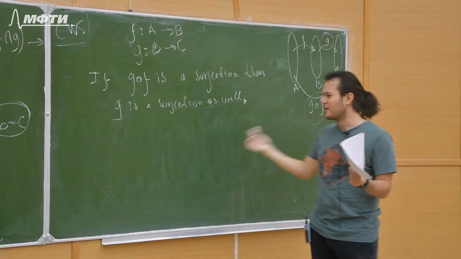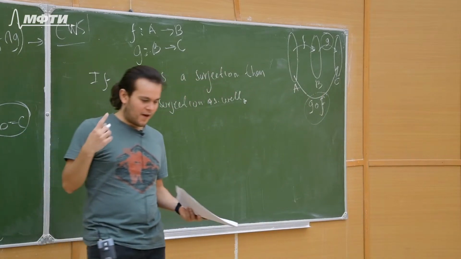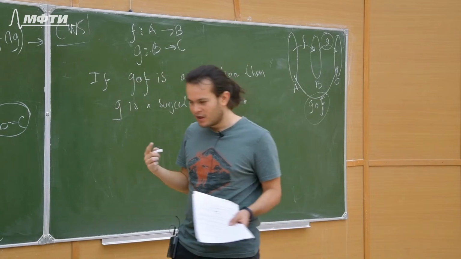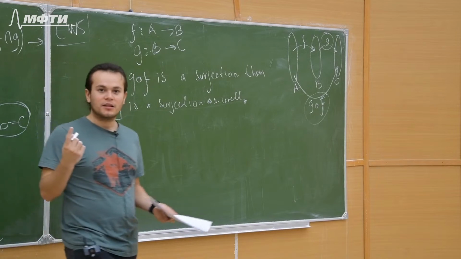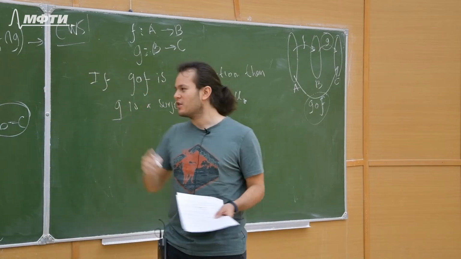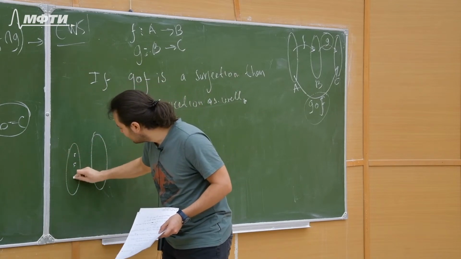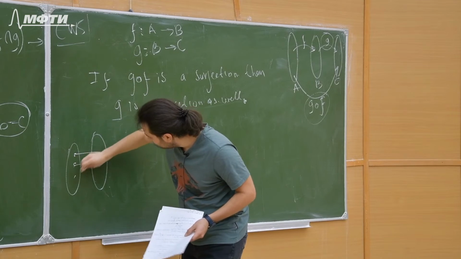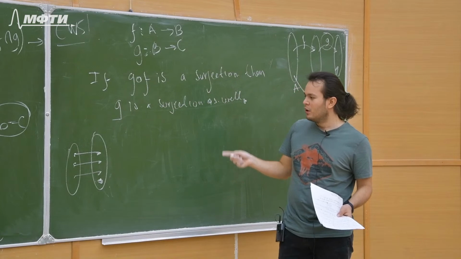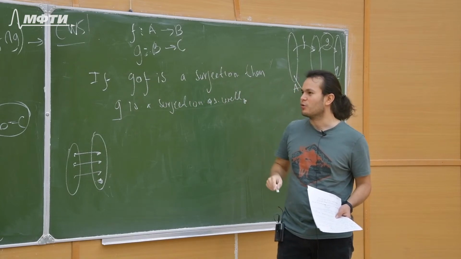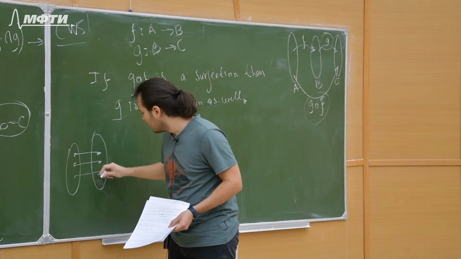So what is a surjection? First of all, it is a relation which is a function, and it is surjective, right? So it's something like this. This is a function which is surjective.